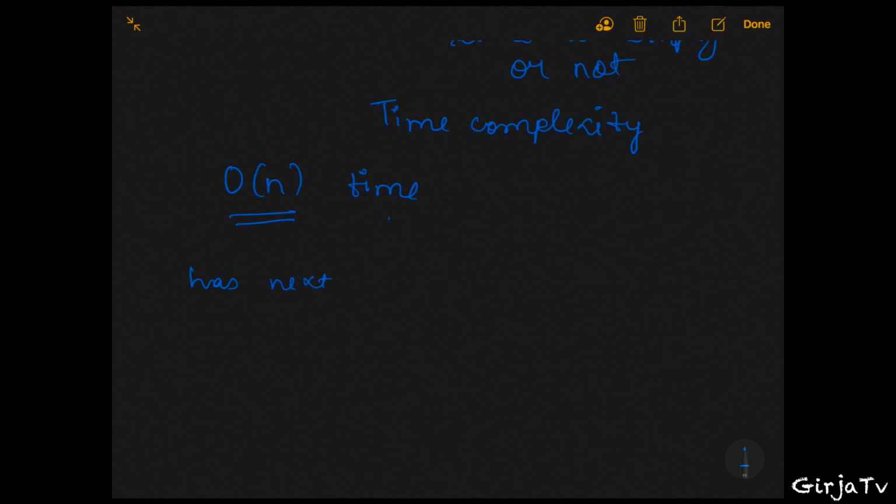First of all, let's talk about the time of individual functions. Has next is taking big O of 1 time, right? The next function is basically taking big O of 1 time in average cases, but in the worst case it will take big O of n time as well.